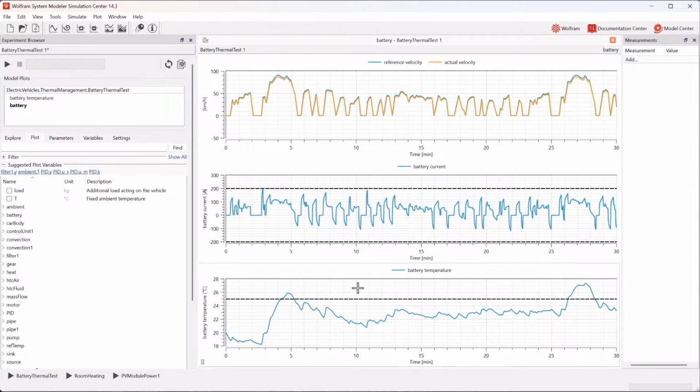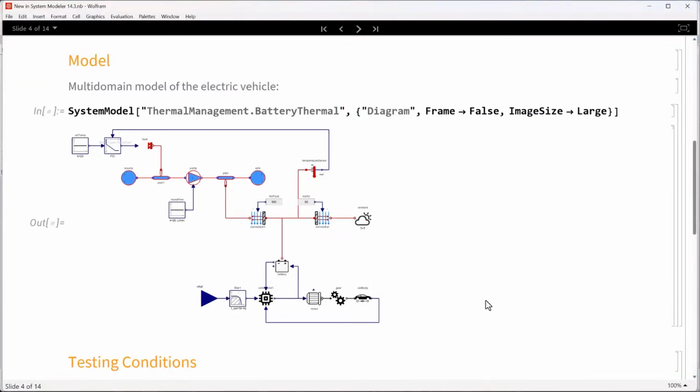In this first simulation, the results look okay. Current is within limits, and although the temperature goes above 25 degrees Celsius, it doesn't stay there long enough to break the requirement. But this is just one scenario. Let's get back to the presentation.